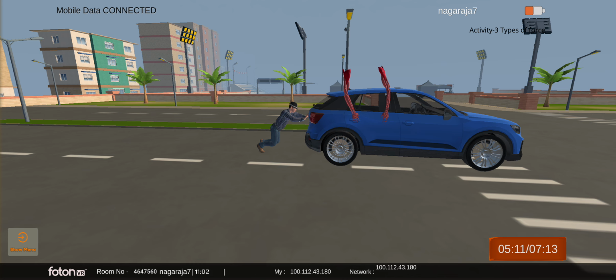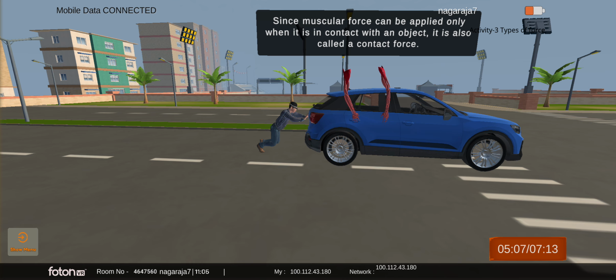The man has used his muscular force to move the car. Since muscular force can be applied only when it is in contact with an object, it is also called a contact force.